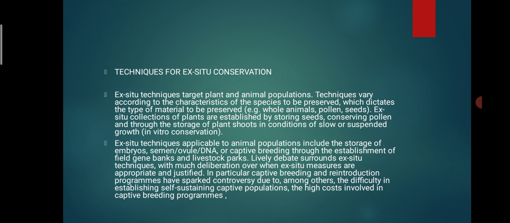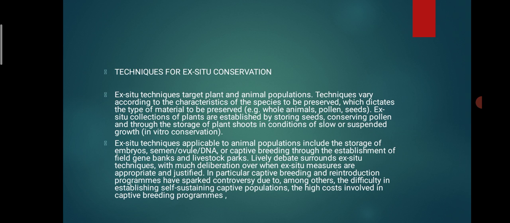Techniques for ex situ conservation. Ex situ conservation targets plant and animal populations. The techniques vary according to the characteristics of the species to be preserved and dictate the types of material preserved.